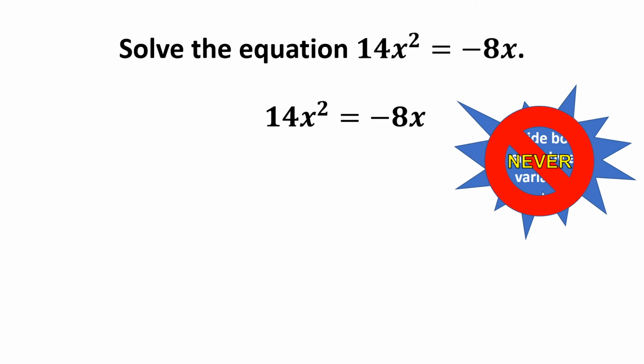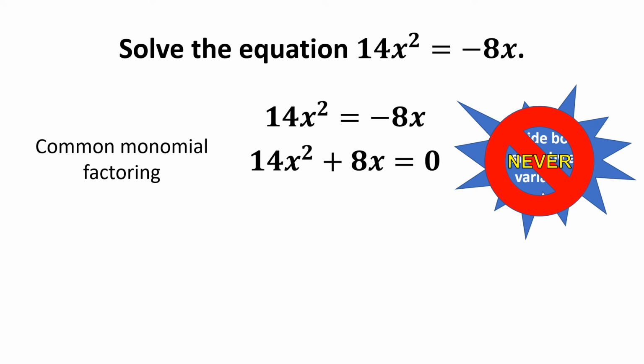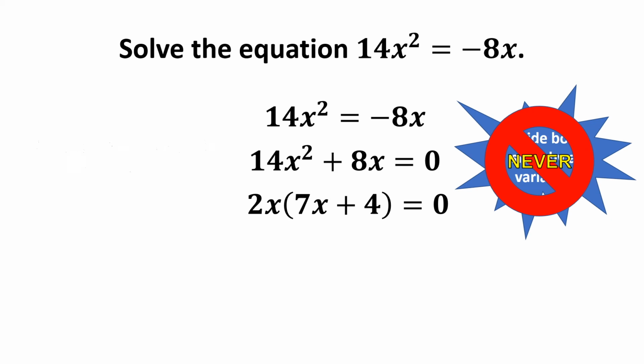Instead, apply the addition property of equality first to get 14x squared plus 8x is equal to 0. Then, factor the left side of the equation. The factored form is 2x times the quantity 7x plus 4. Then, apply the zero product property.